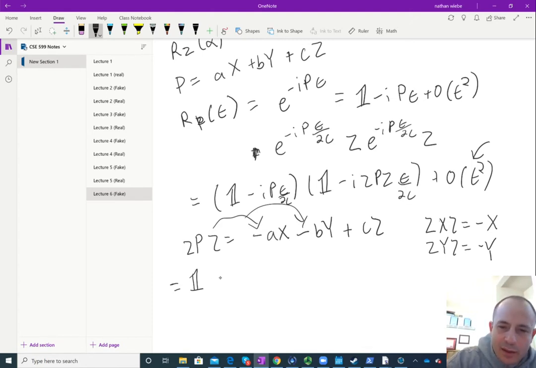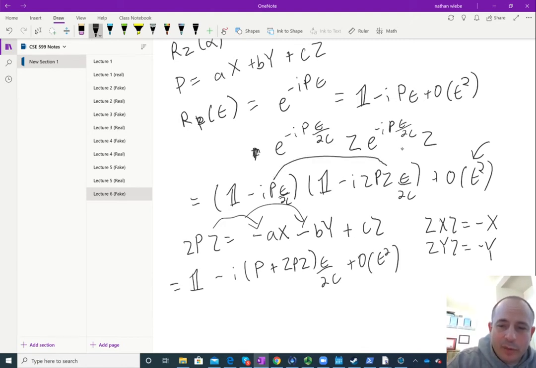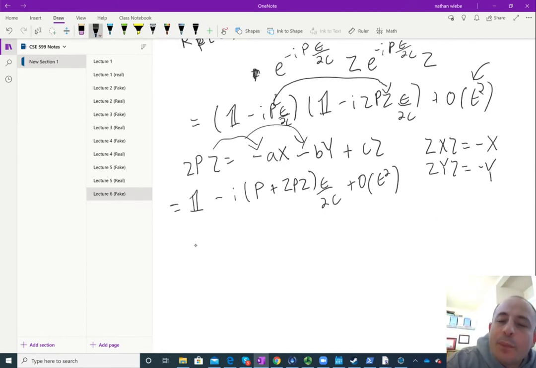We get identity minus i P plus ZPZ, times epsilon over 2c, plus order epsilon squared. And again, remember, the product between those two is order epsilon squared, so we don't care about that to leading order.